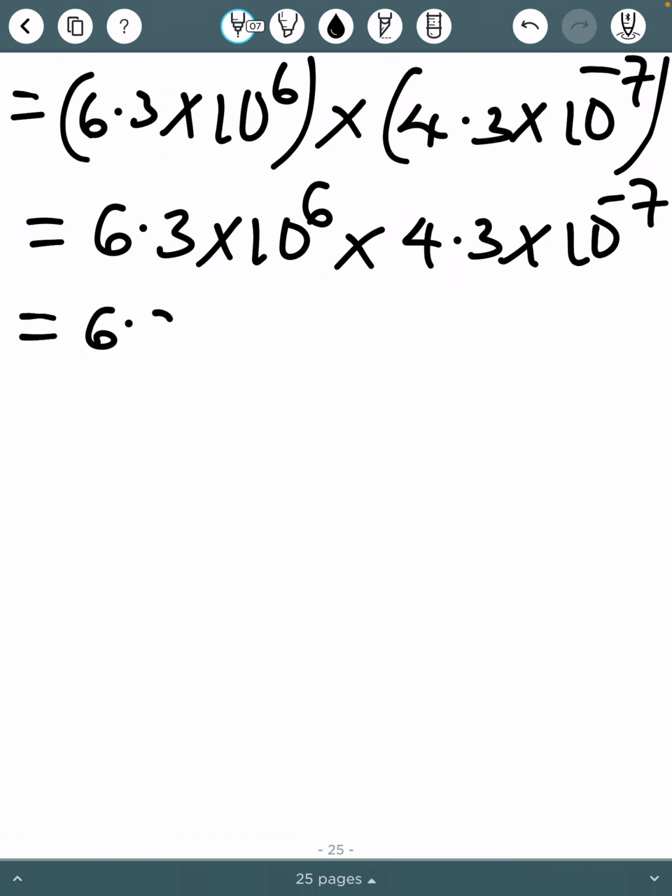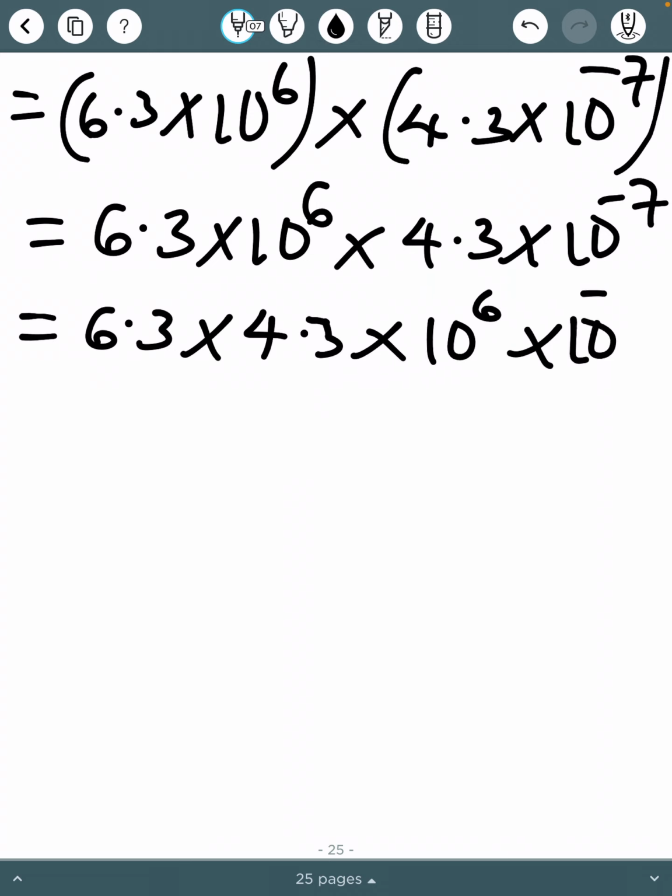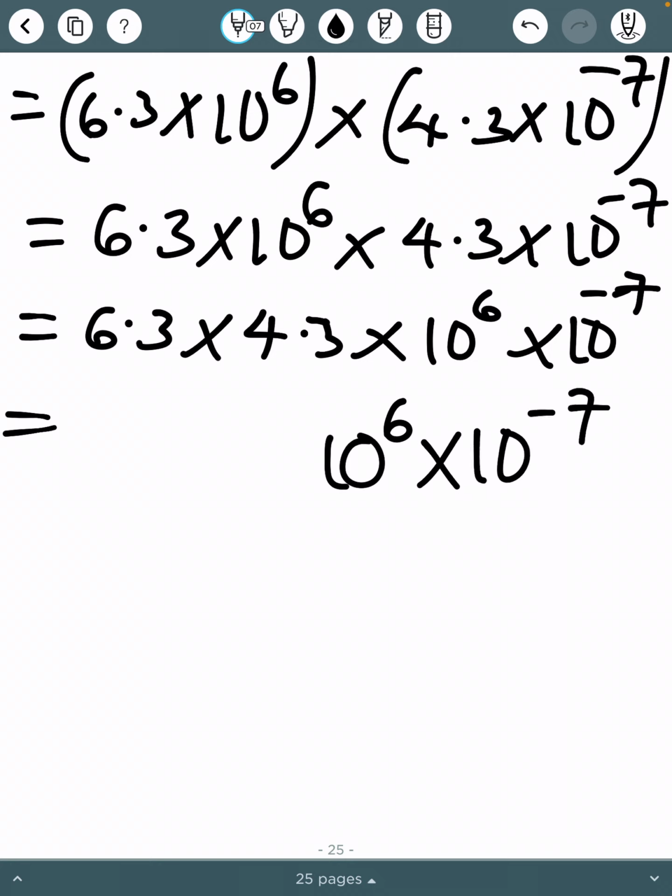Let's put the numbers together: 6.3 times 4.3 times 10 raised to power 6 times 10 raised to power minus 7. So what is 6.3 times 4.3? It is 27.09.